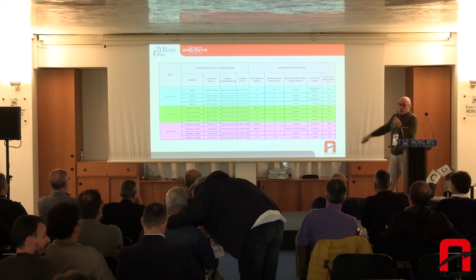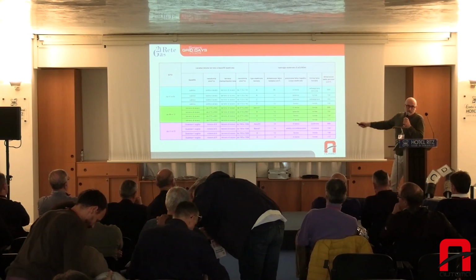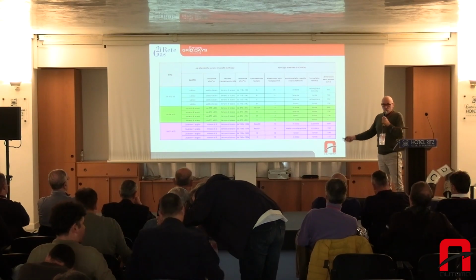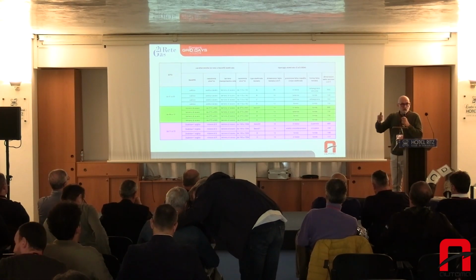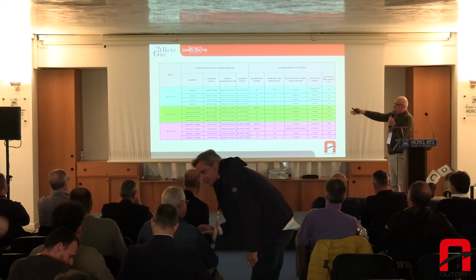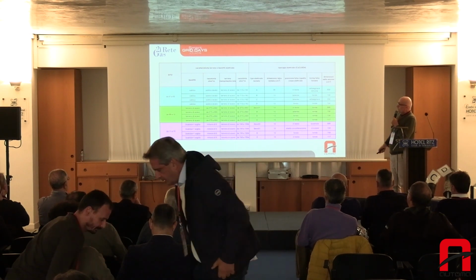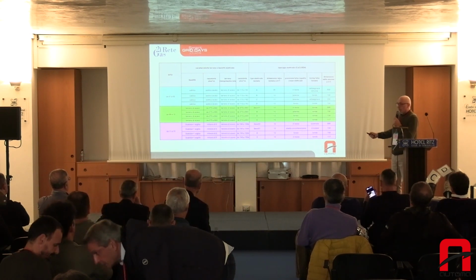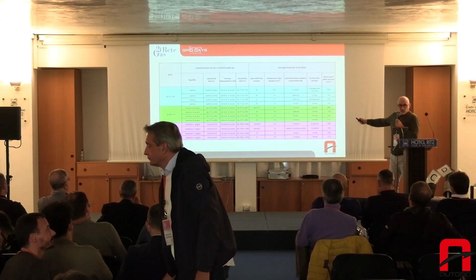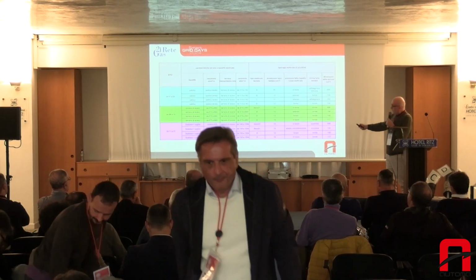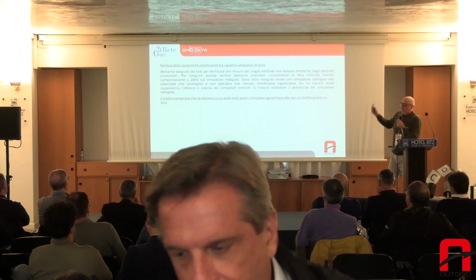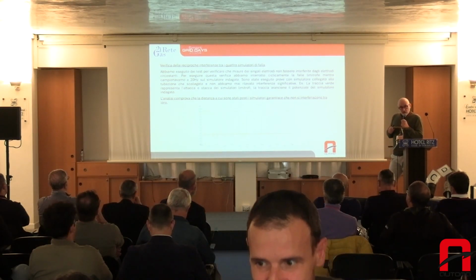The type of coupon, the type of electrodes, A, B, C, D are different brands. So here you see the coupons that we used. I will skip some parts, but I will give you a copy of the presentation.